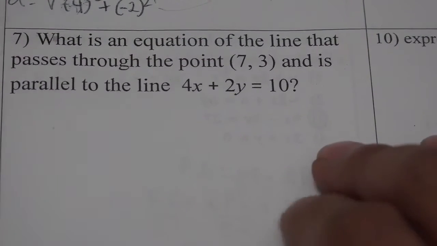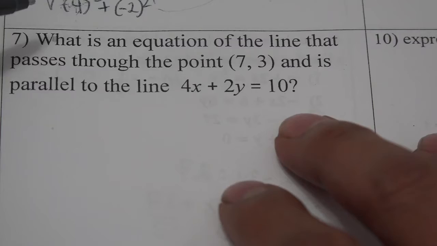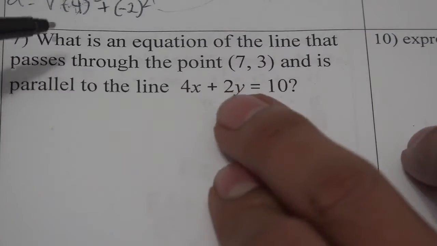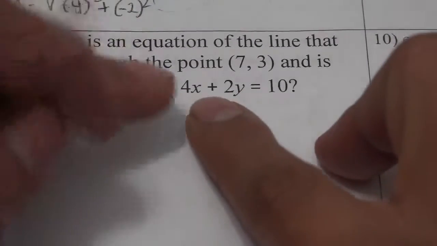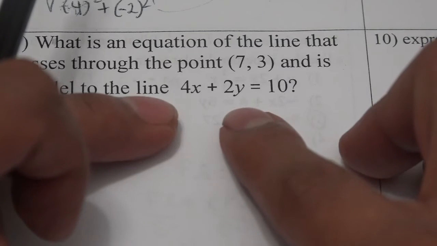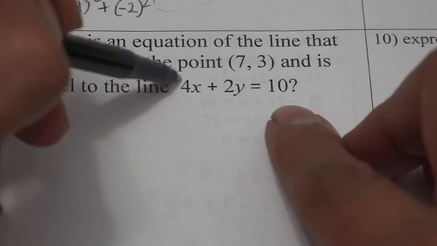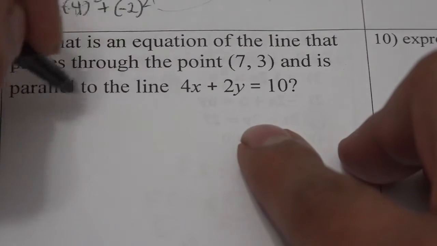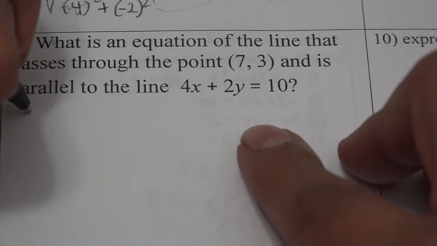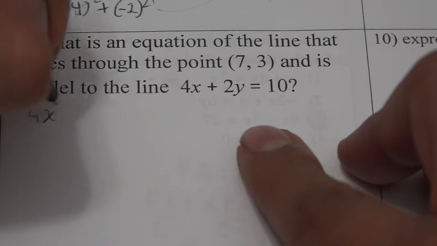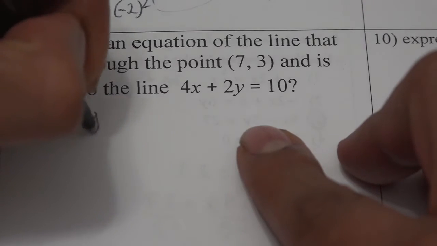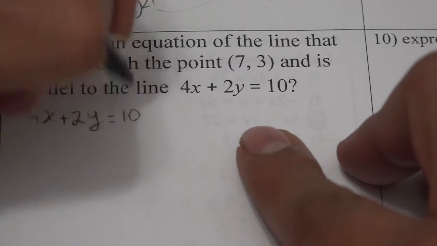What is an equation of the line that passes through point 7,3 and is parallel to this line? Well, first you need to figure out what the slope of this line is. And I can tell you right now, get rid of the loose number. You're gonna get rid of the 4, okay? So first let's solve for y. 4x plus 2y equals 10.